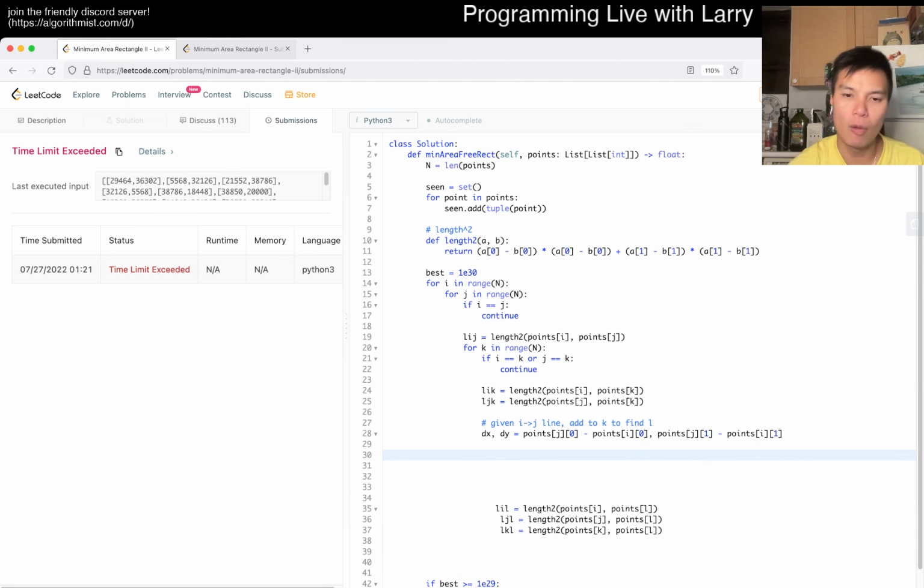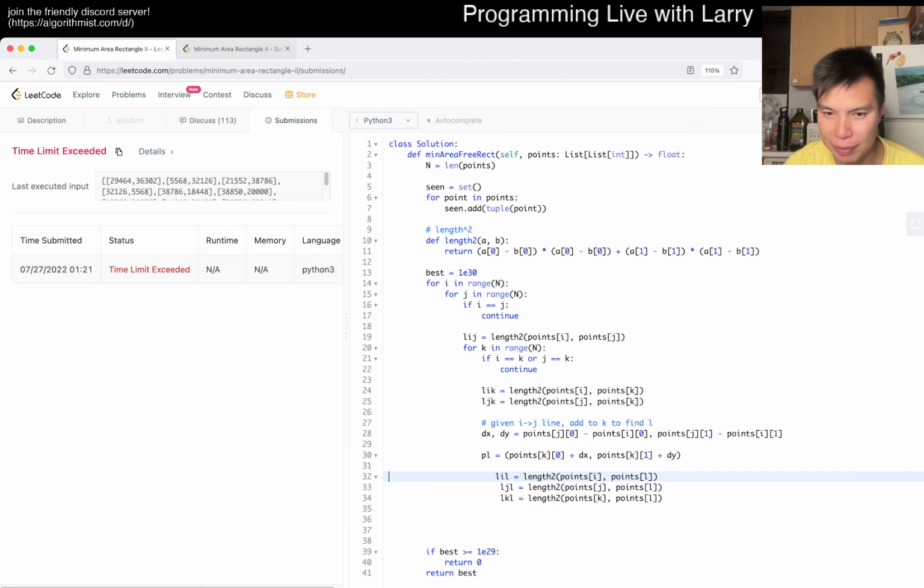And then now we can take the k and then do the translation, right? So L, let's just say PL for point sub L maybe, is equal to point sub K of 0 plus dx, point sub K of 1 plus dy, right? And then now we can do the things that we did before.